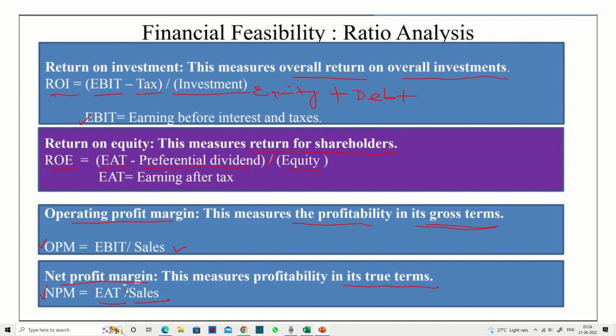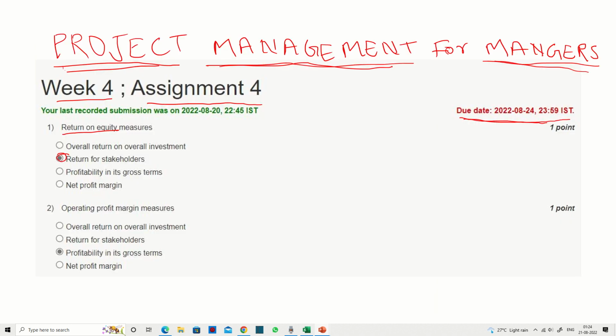Here, this term is after tax, but this term is before tax. So, from the definitions defined earlier, the correct answer is return for stakeholders or shareholders. Similarly, for question number 2, the correct answer is profitability in gross terms.